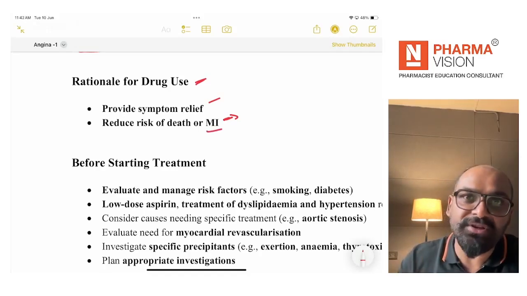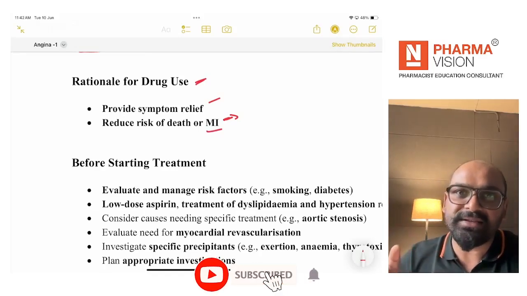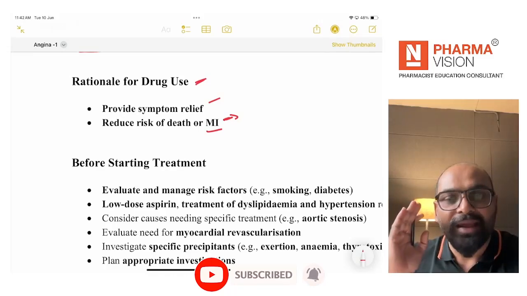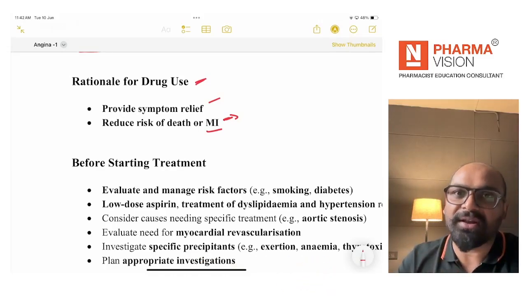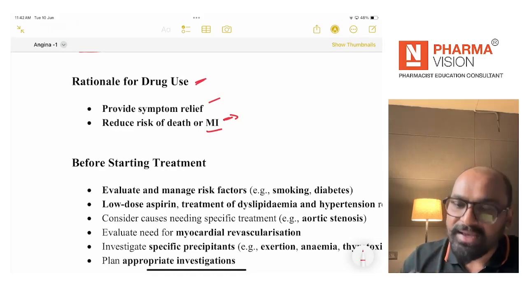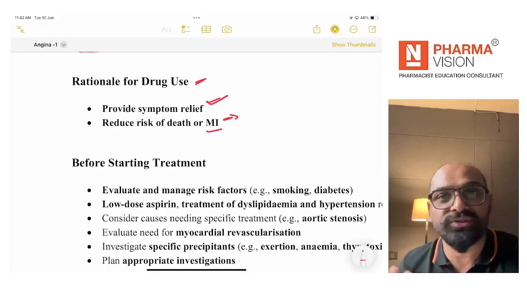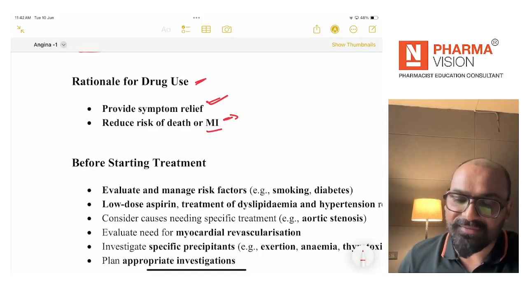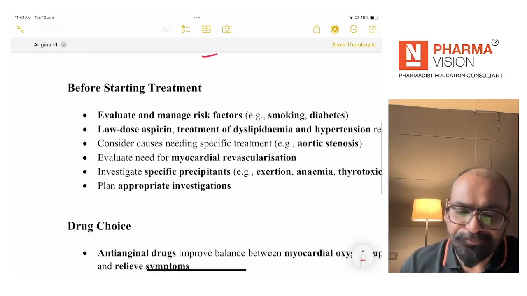So our objective is to prevent the development of the disease to the further level, and also to prevent death because of myocardial infarction or cardiovascular events, and definitely the patient can get relief of the acute symptoms that he is currently suffering from. That's the primary objective of using the drugs.